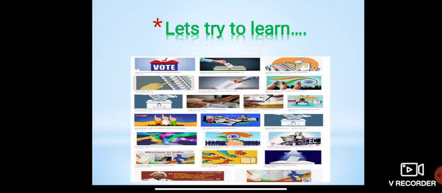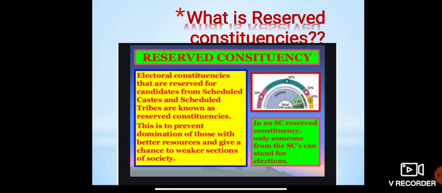Okay, let's get started with a new topic now, reserved constituency. So what is a reserved constituency? Reserve means something which is already reserved. There are some constituencies which are reserved for scheduled castes and scheduled tribes.